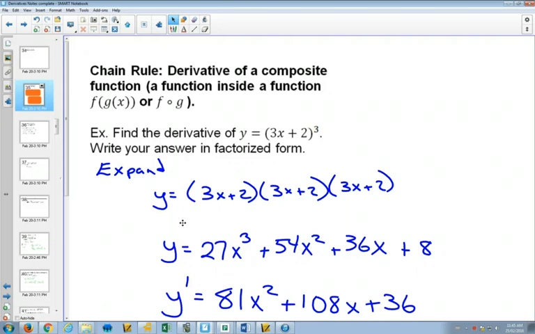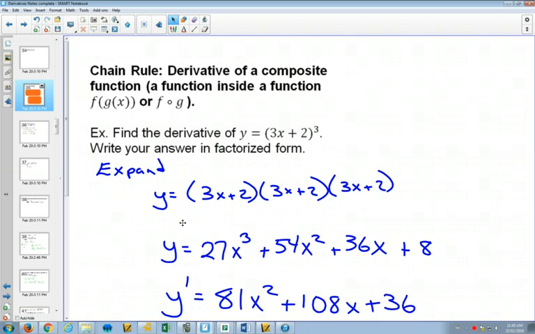You could use the binomial theorem or Pascal's triangle, or you could multiply two of them first, get an answer, and then multiply by another 3x plus 2 afterwards. Either way, I'll save you some of the pain, and this is what you get: 27x cubed plus 54x squared plus 36x plus 8.